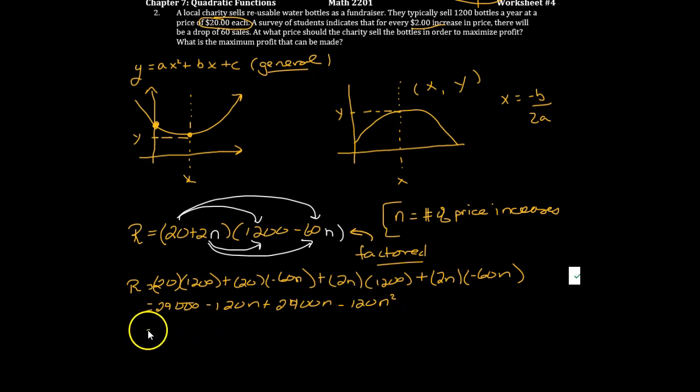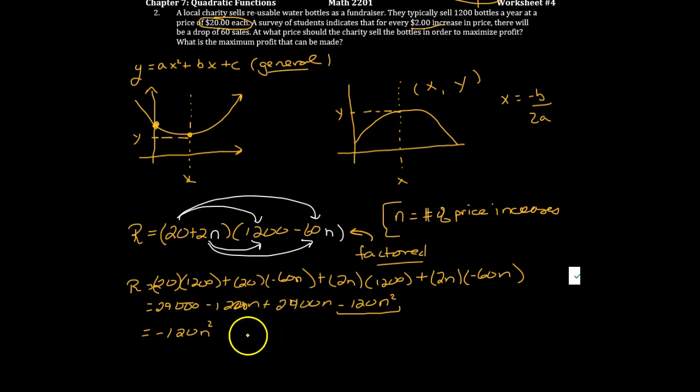Okay, so let's put this in, it's just about completely in general form, but we're going to put the squared term first. So we have negative 120n squared.